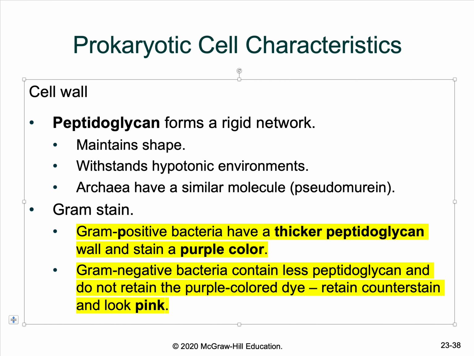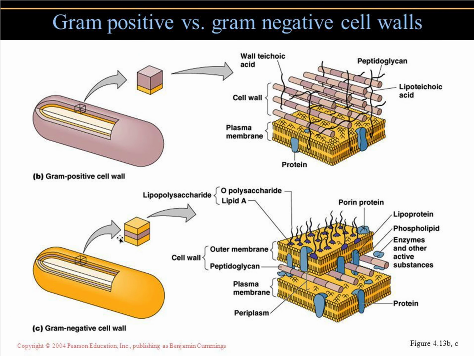So let's look at this a little bit further. These are both bacillus, right? They're rod-shaped bacteria cells. They cut a chunk out of the cells, and this is what it looks like, really big. This one, the gram-positive, has a thicker peptidoglycan layer, and these rods are the peptidoglycan.